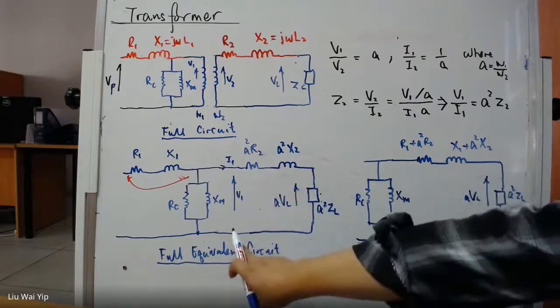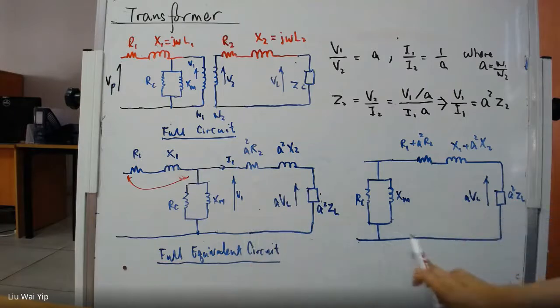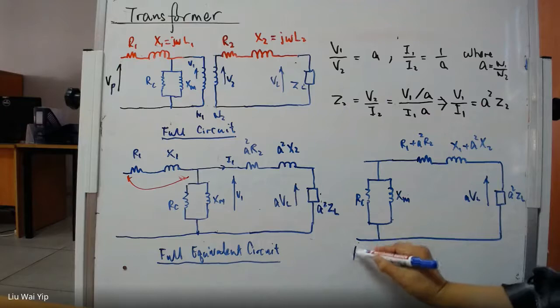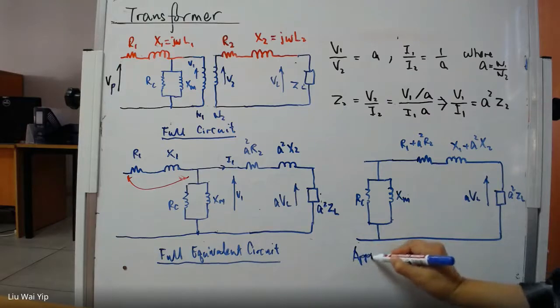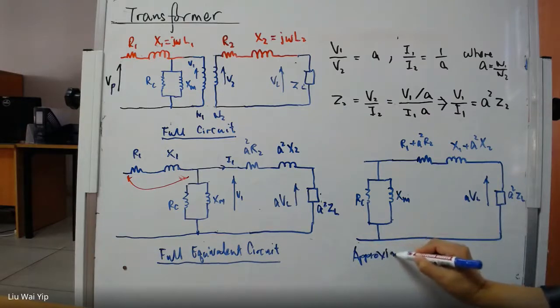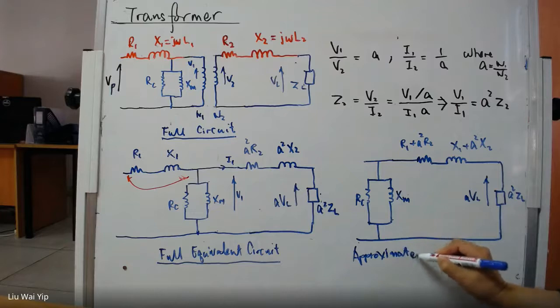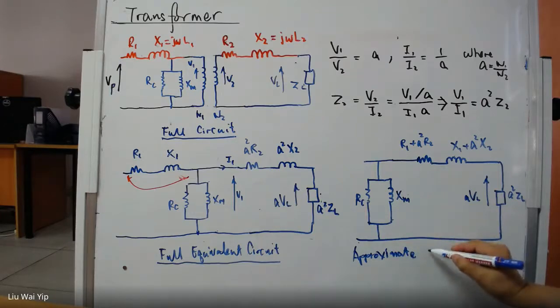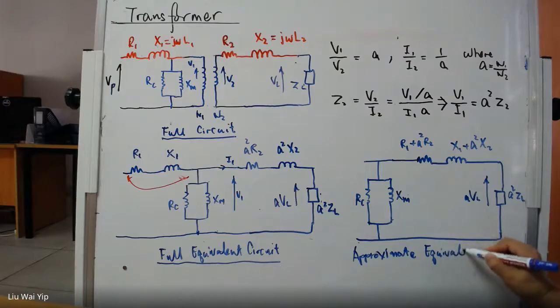You have two equivalent circuits here, and this one is the approximate equivalent circuit. So basically, we have everything.